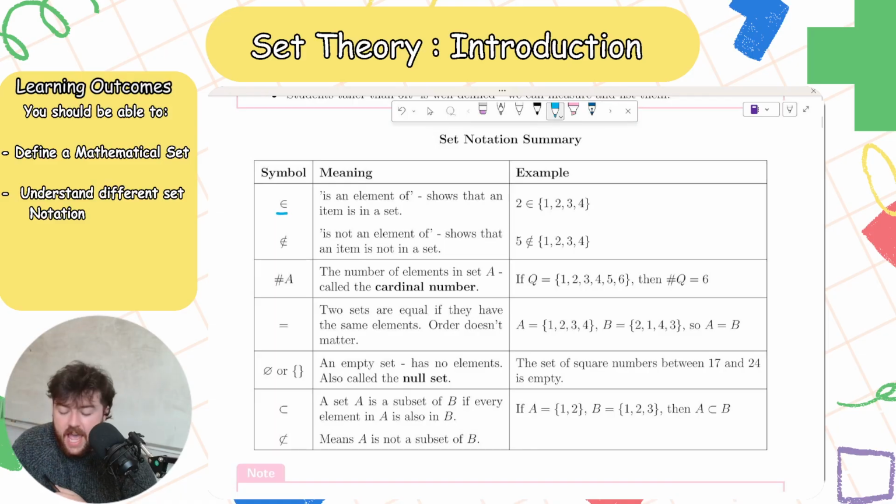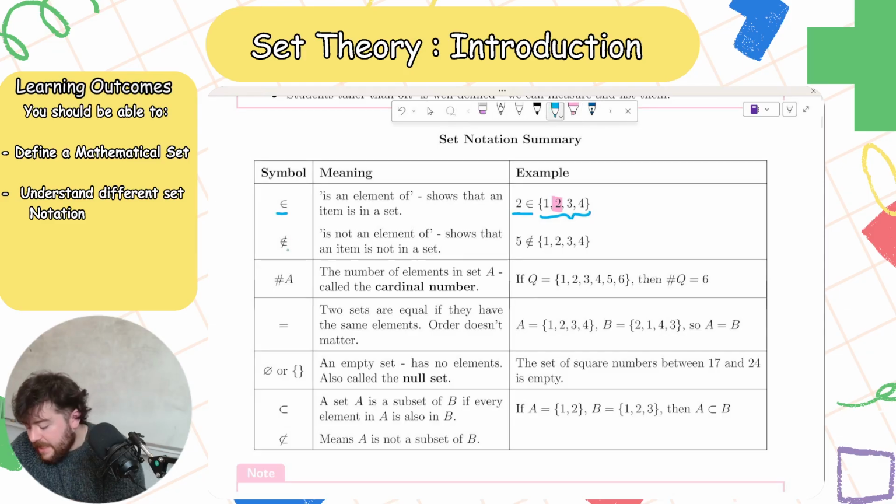It just means this element is in this set. For example, 2 is an element of this set. That is true because 2 is in the set here. So we can say 2 is an element of this set.